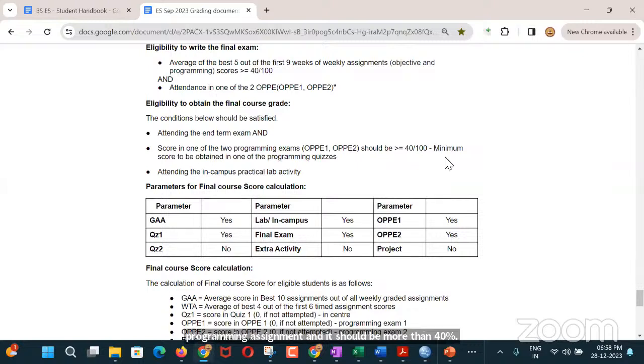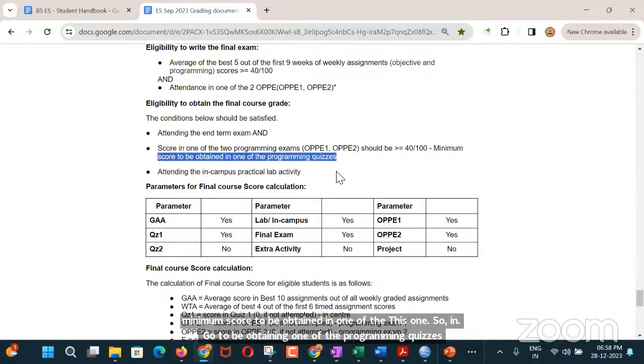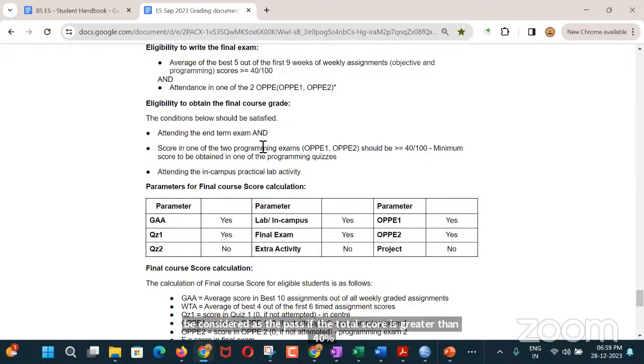So if one does not clear one of the OPPEs, it's fine if one clears the other OPPE with greater than 40%. Yes. And one will be able to register for the next term, right? This will be considered a pass if the total score is greater than 40%. Yes. Okay, fine. Thank you.